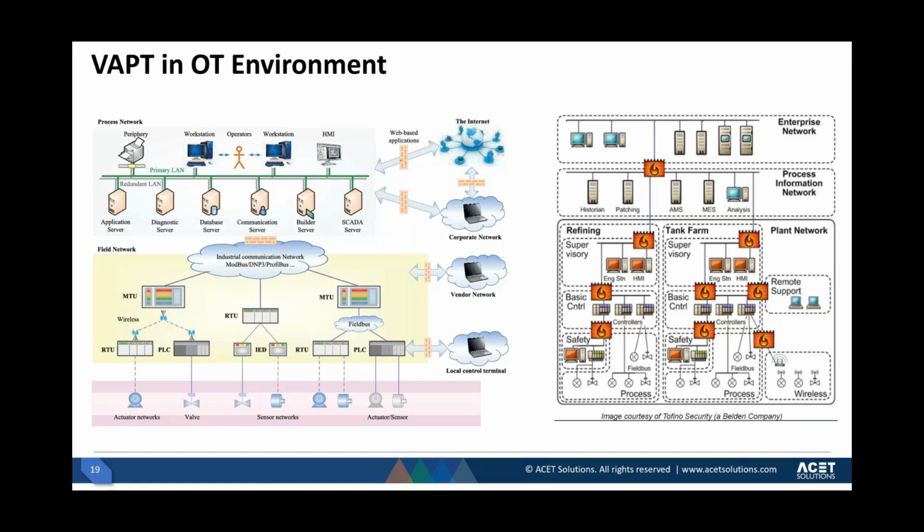Another question is, doesn't the comprehensive VA that you talked about take a long time? Well, the answer is yes, because it is comprehensive. Especially in those environments where you cannot run any kind of scanners or vulnerability assessment tools, you will have to go down to the devices and check what firmware is running on each of these PLCs and RTUs, what the vulnerabilities are, and which services are running.